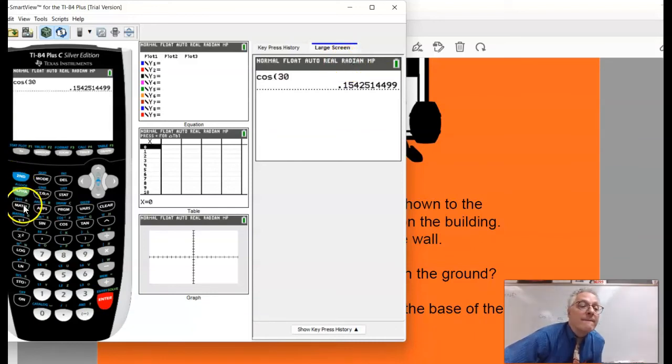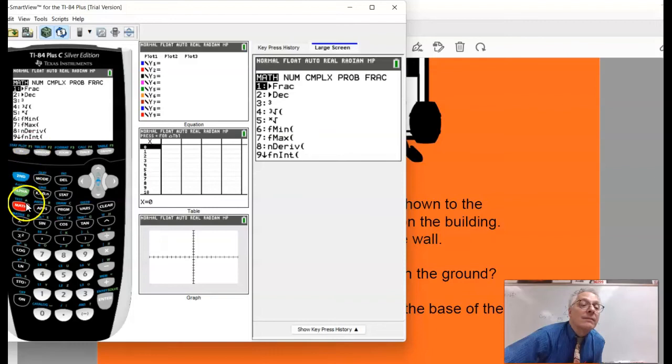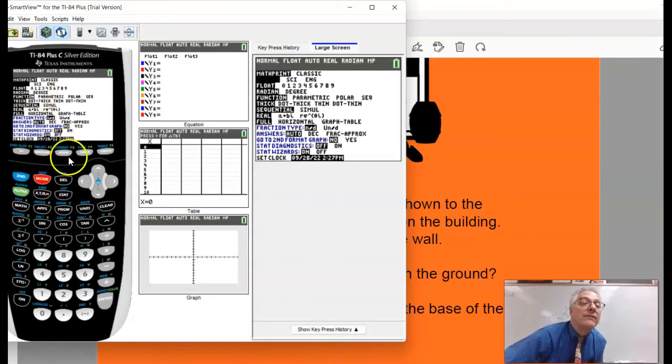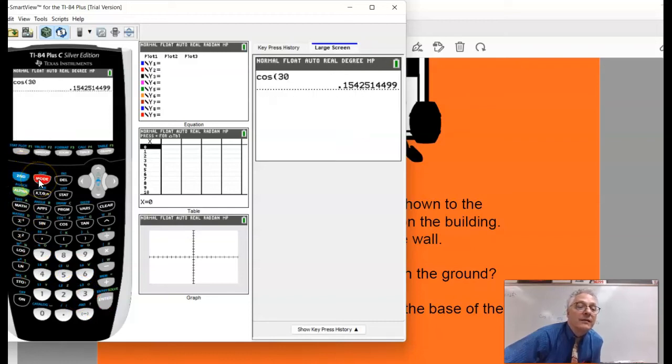Hang on. I'll go to mode. I'll go down. Radians. And that should do it. Flashing on degrees. What's going on here? Okay, I'll hit enter and see what that does. Okay, second quit. Let's try this again. Okay, radians are something different than degrees. They're measured differently.